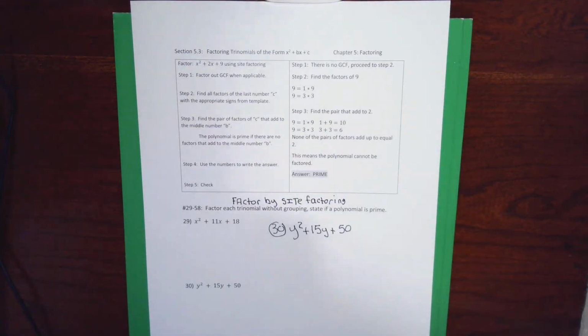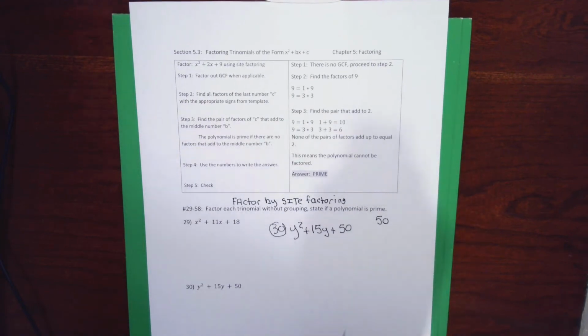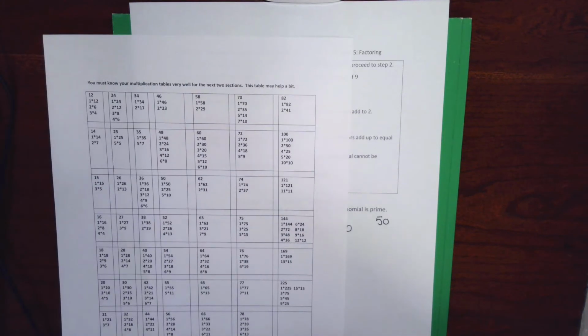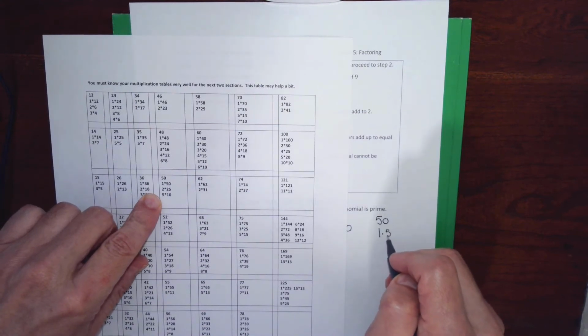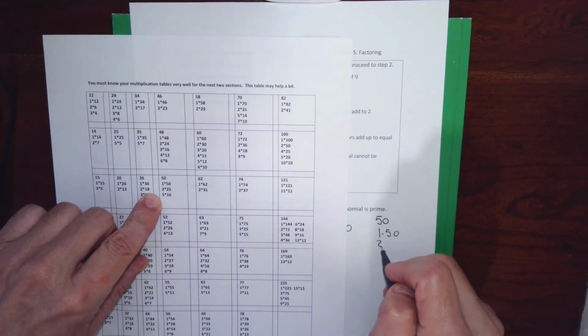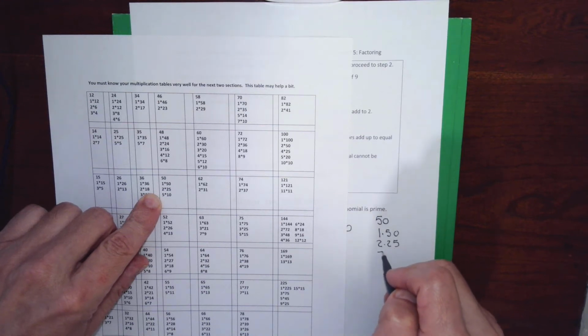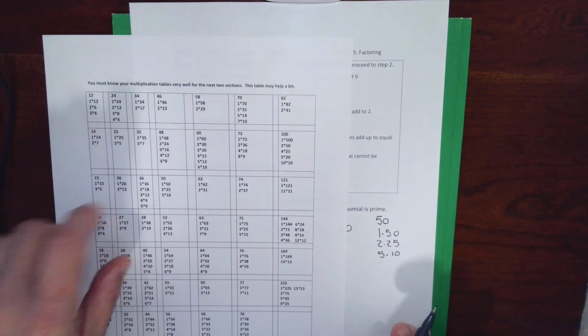So now I'm going to write down the plus factors of 50. I'm going to take that same last number, nothing new, and I'm going to write the factors of 50 that are both positive. So 50 is 1 and 50, 2 and 25, 5 and 10.